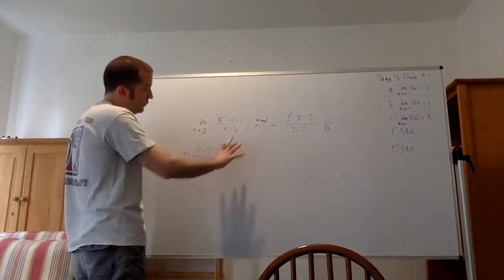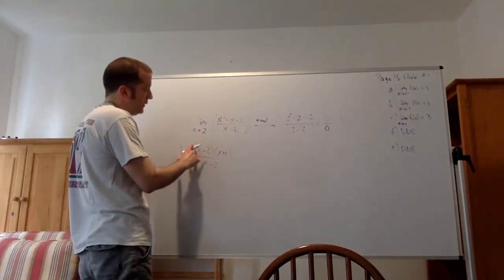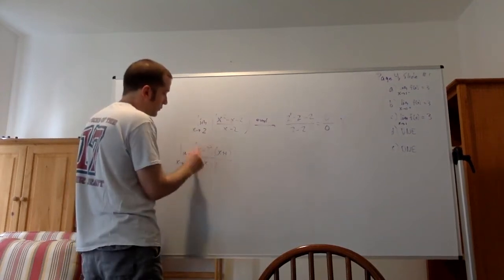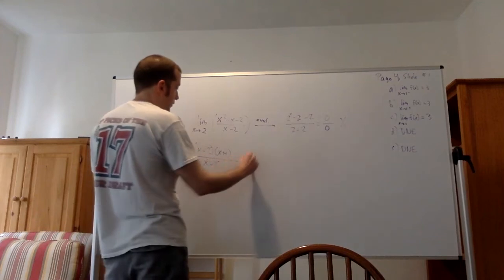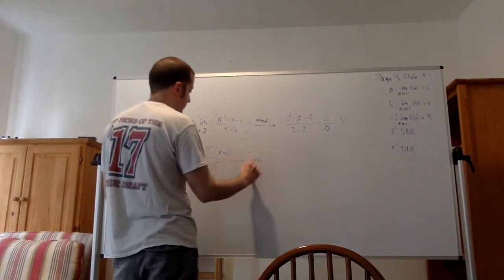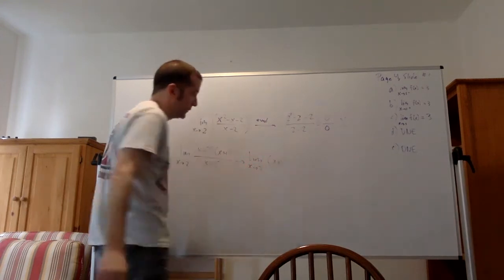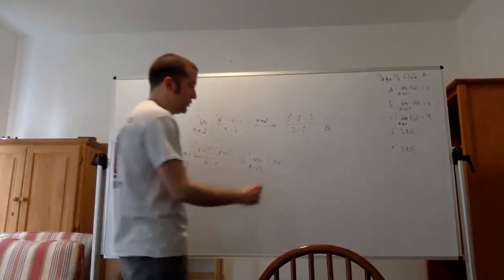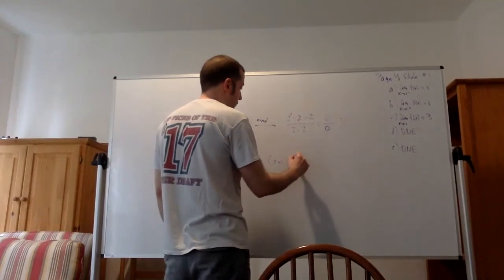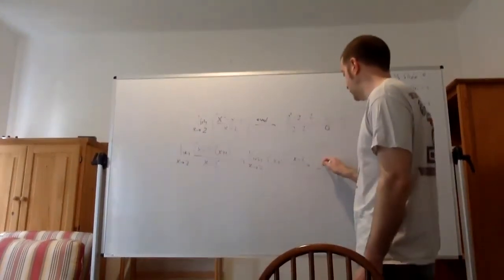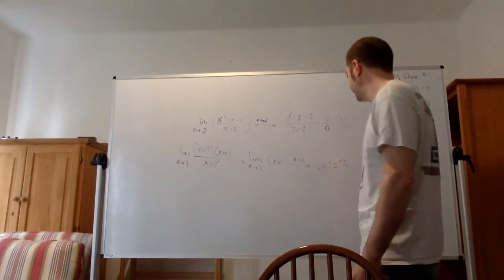But what you know now is that if I have a factor of x minus 2 on the top and on the bottom, I can cross them out. So this becomes the limit as x approaches 2 of x plus 1. And now I can try just a straight evaluation. Evaluating at x equals 2, I get 2 plus 1, which is equal to 3.